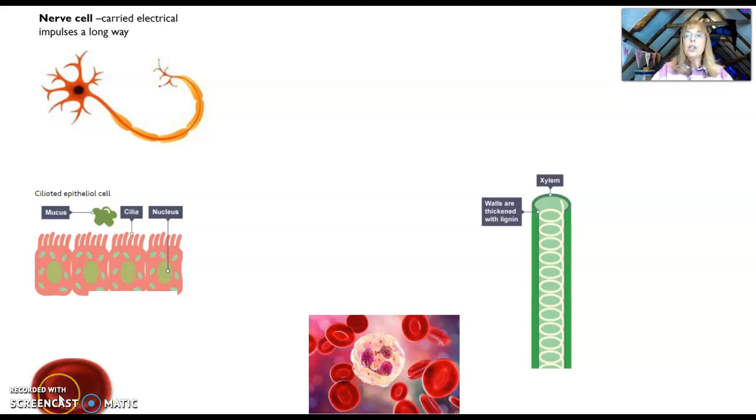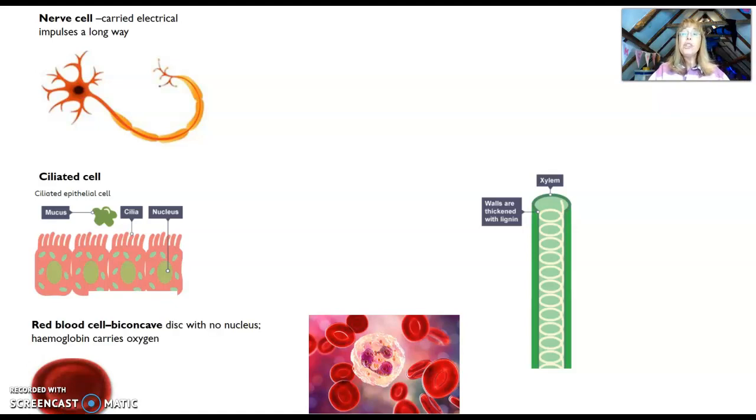We've got that donut red blood cell. That's the only cell, apart from platelets, that doesn't have a nucleus. And the job of that is to carry oxygen. The hemoglobin molecule, the iron molecule on the red blood cell, carries oxygen around the body from the lungs.